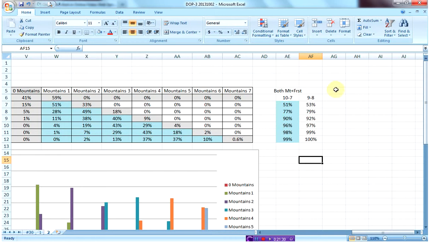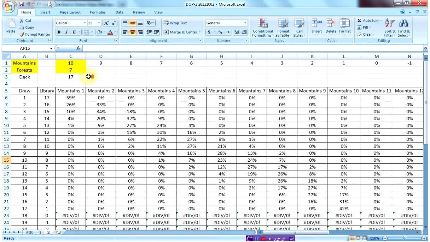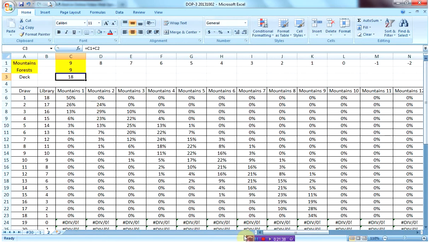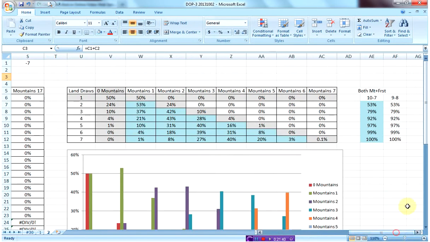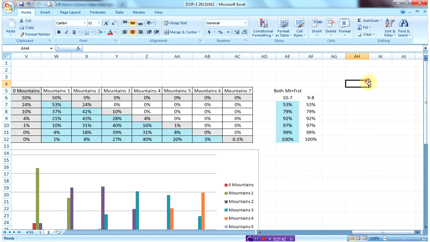Another thing we could look at that's based on 17 lands, we could say, well, how much better does it get if we go 9-9? I hadn't copied the 10-7 over.